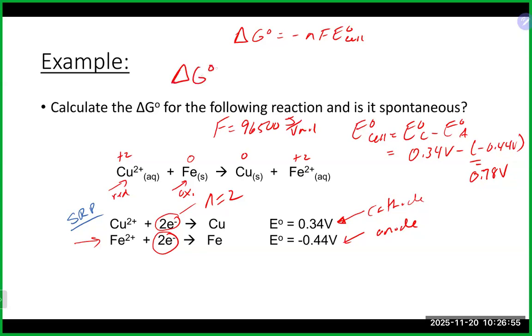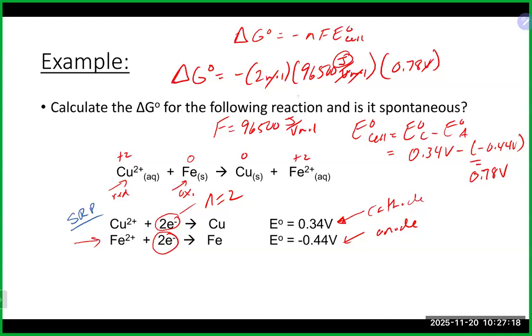So delta G naught is going to be minus 2 moles times 96,500 joules per volt per mole, times 0.78 volts. Volts cancel, moles will cancel, going to leave us in units of joules at this point.